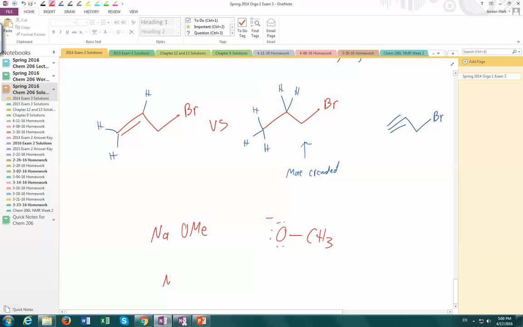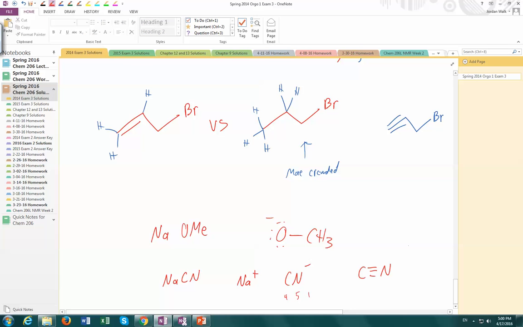Or if I gave you a structure like this, let's say it's sodium cyanide. Sodium has a positive charge, which means you're going to have a CN minus structure here. So we'd have 4 valence electrons, 5 valence electrons, and then a bonus electron from the minus charge.